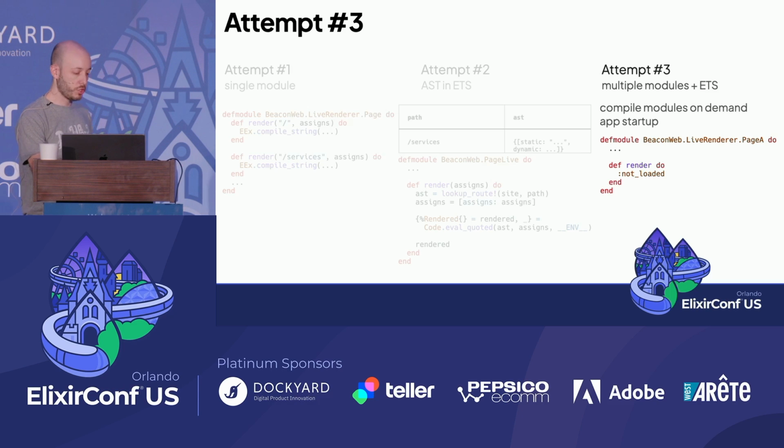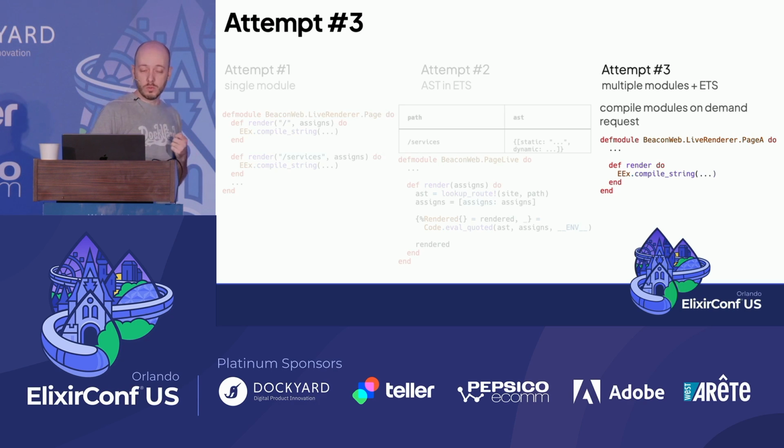The render function only has a placeholder and is not loaded. And then when a request comes in for a page, we replace the placeholder with the actual template on the request.